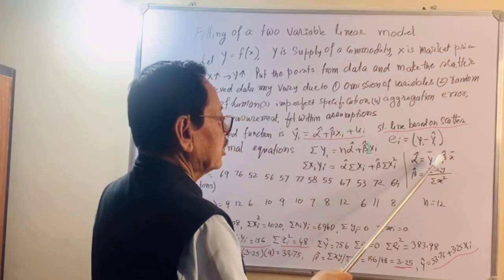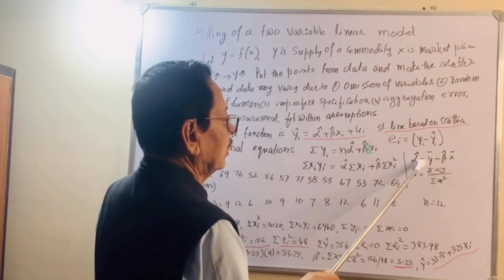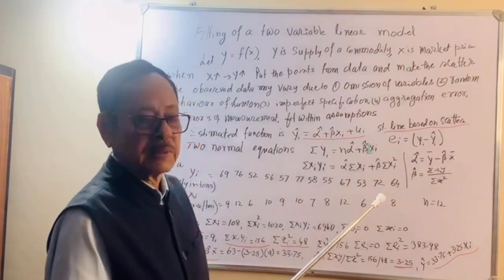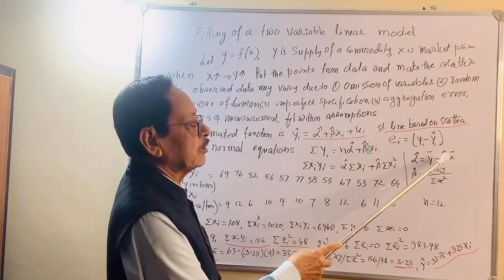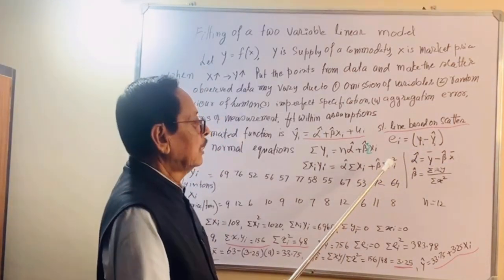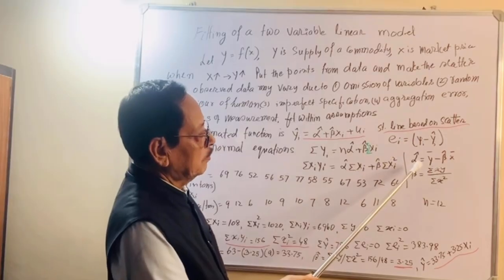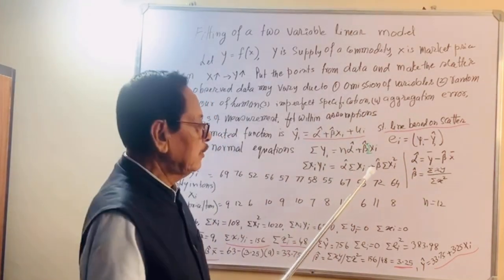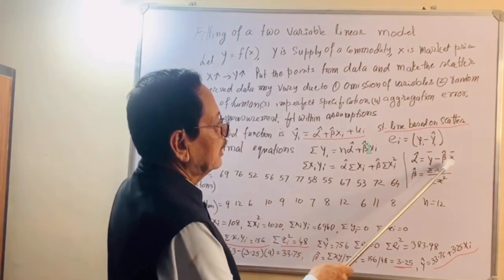So this is the average and this is the average. This is for students of economics, this will be easier to understand or easier to remember. The students of pure maths may go a little differently, but we can remember this.